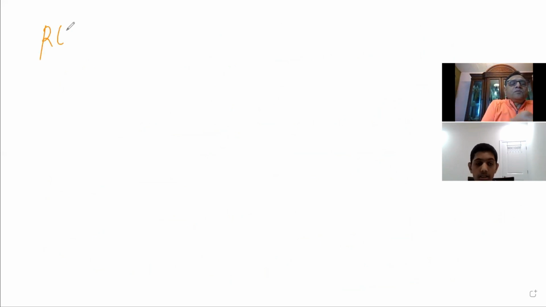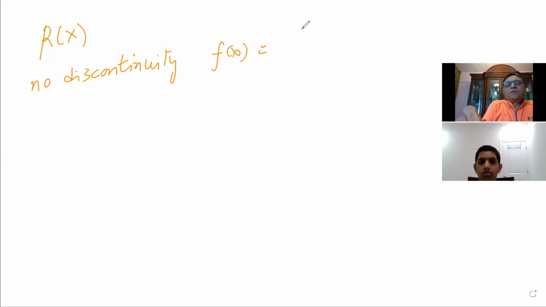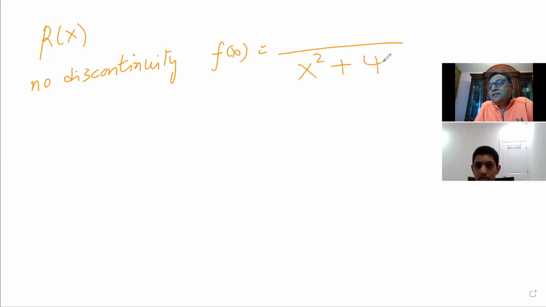I think like x plus 1 over 2x plus 4. 2x plus 4 will be 0 for some value of x. So the denominator should be a function which will never be 0. For example, it could be x squared plus 4. That is never 0, right?